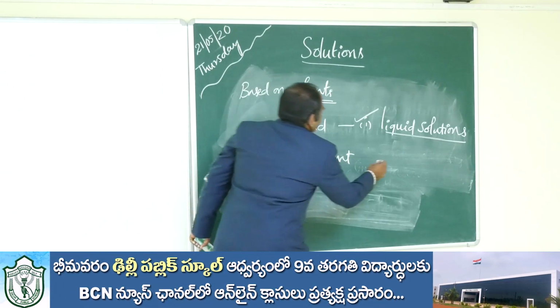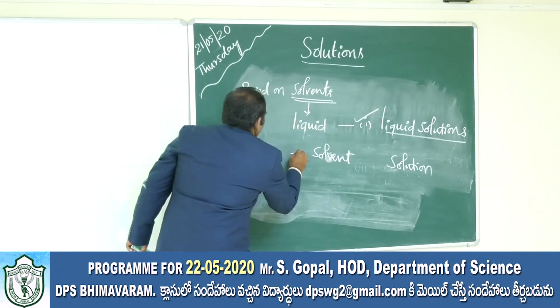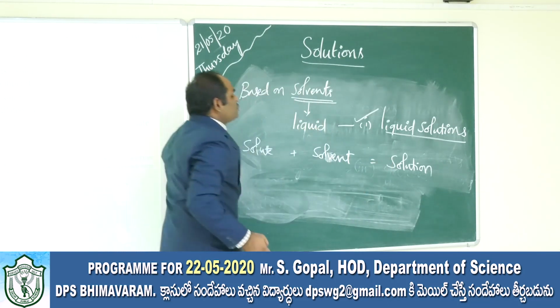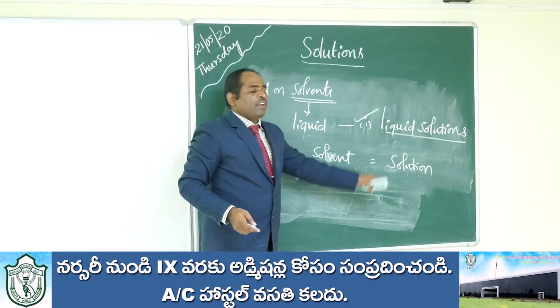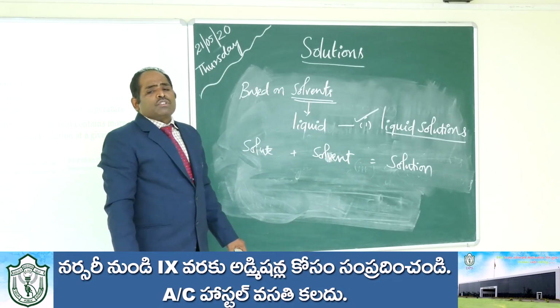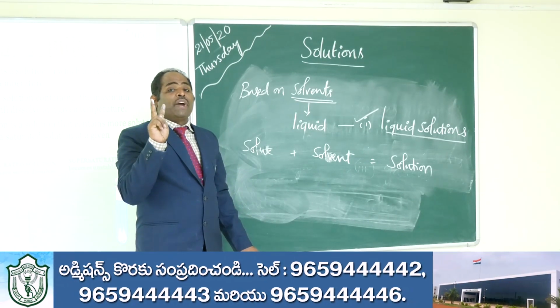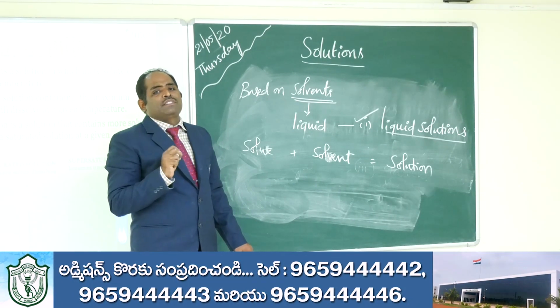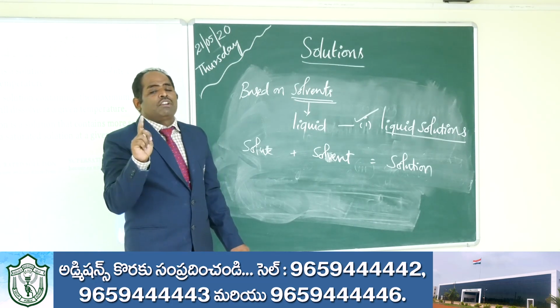Solute plus solvent is equal to solution, already you have learned. Under the liquid solution we are discussing only binary components. Binary components means only two components, one is a solute and another one is a solvent. Solute and solvent, that's all.